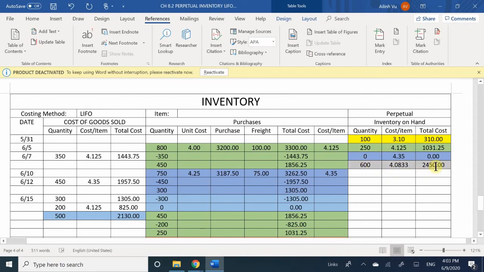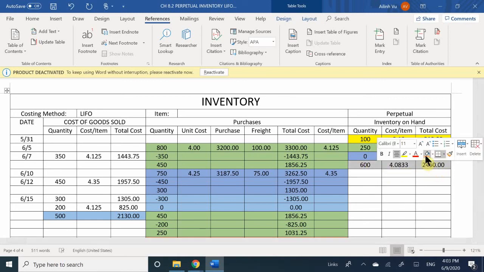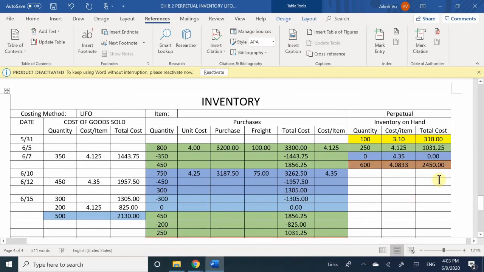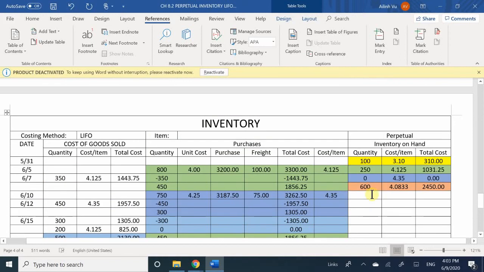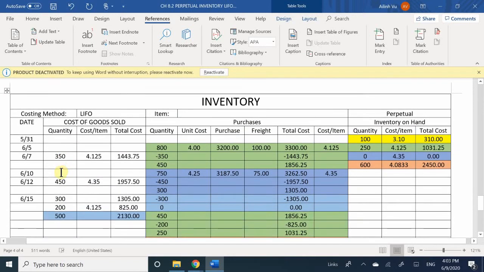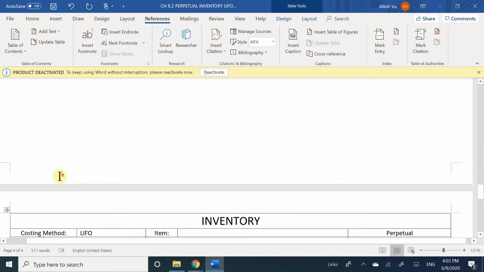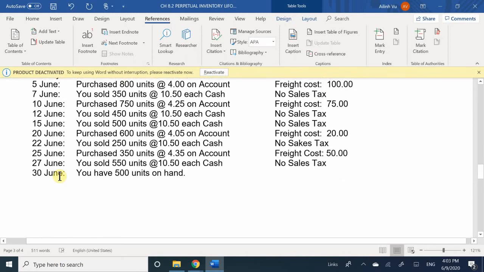And I'm going to highlight this and make it pink, or salmon pink. To me, it looks like orange, but okay. All right. So now we still have 3 things in our inventory. We can't even get rid of the first one.